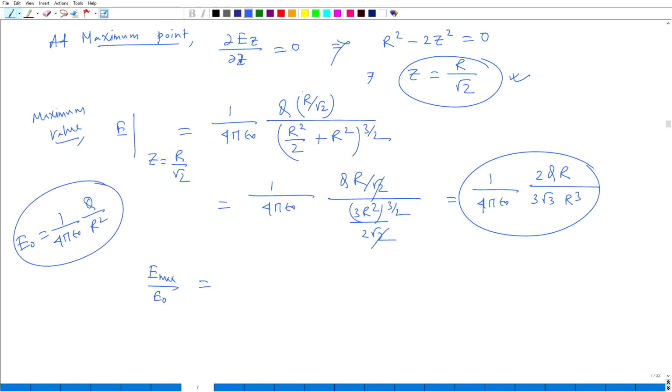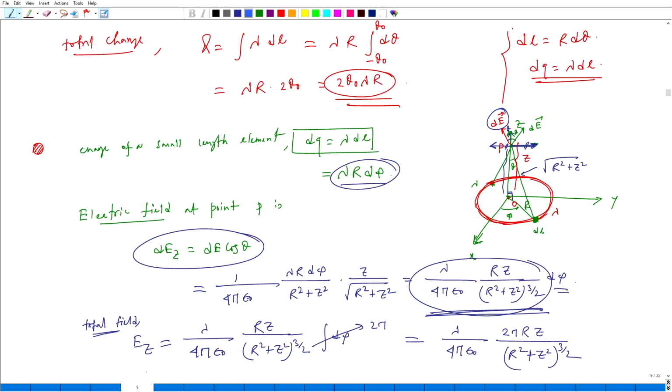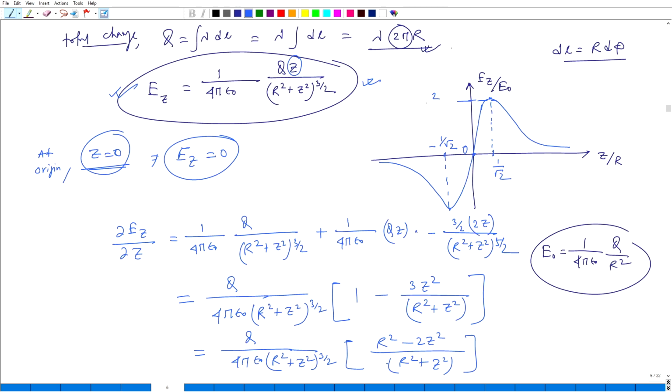So E max divided by E naught is 2 by 3 root 3. Just check this one. Yes, this is the maximum value in the graph, and this value is 2 by 3 root 3.